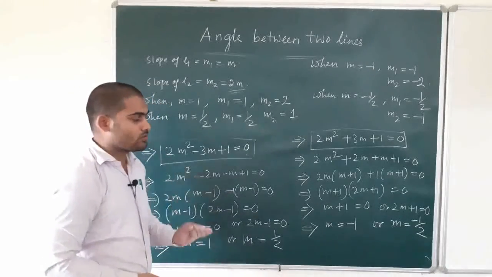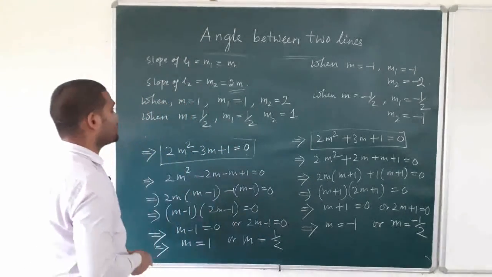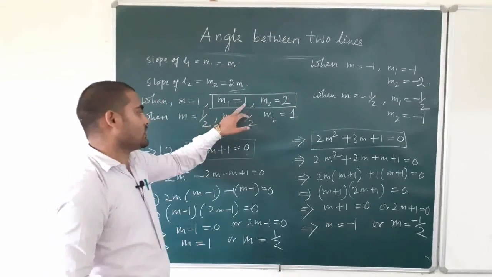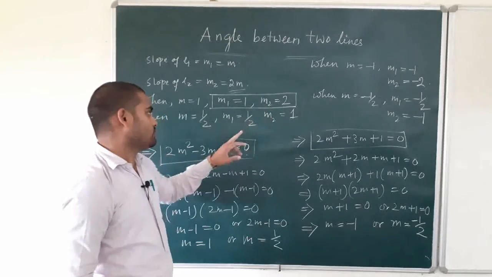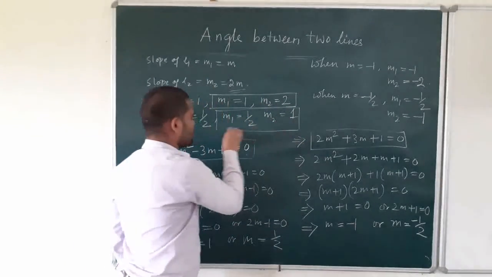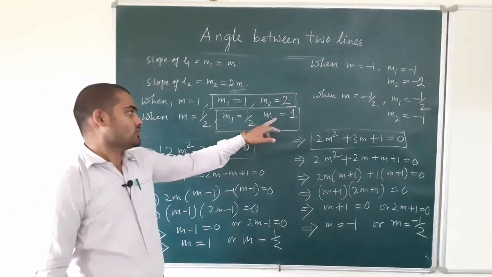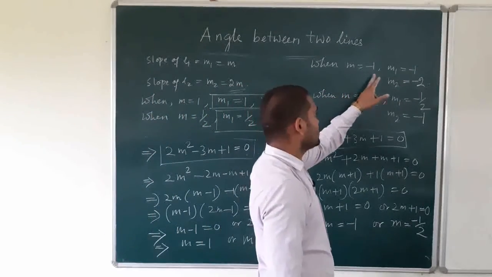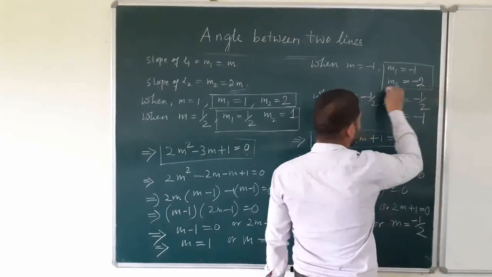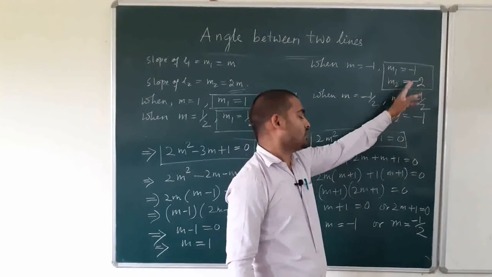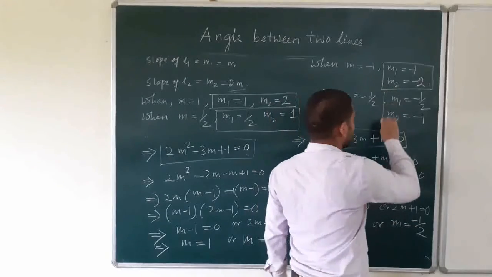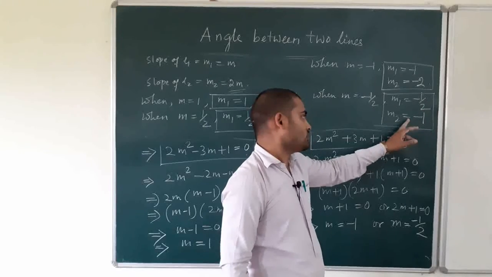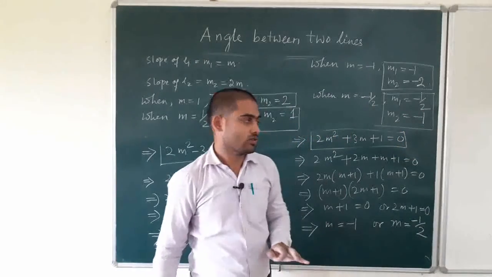So, the slopes of the lines will be: the slope of L1 is 1, slope of L2 is 2; or the slope of L1 is 1 by 2 and slope of L2 is 1; or the slope of L1 is minus 1 and slope of L2 is minus 2; or the slope of L1 is minus 1 by 2 and slope of L2 is minus 1.